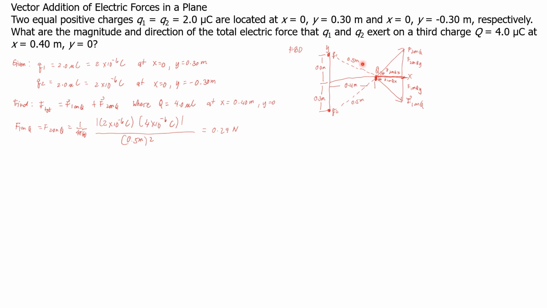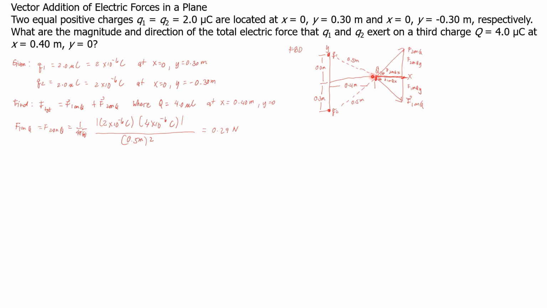So you need to get the hypotenuse. I think we do not need to review the trigonometry anymore since you are already in your Physics 2. So here, this one is 0.5 meters, the distance between charge 1 and Q.